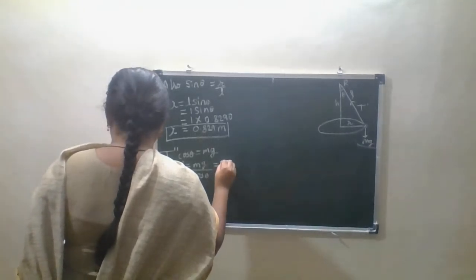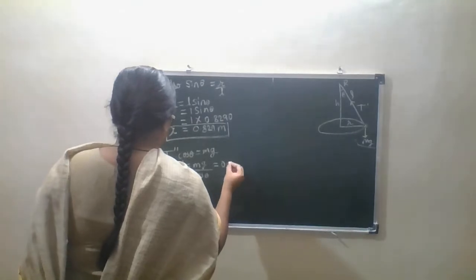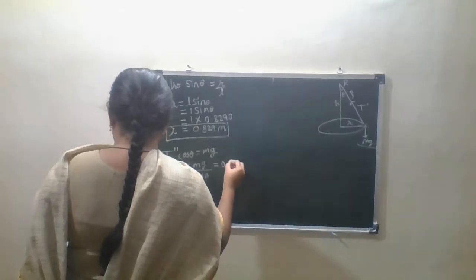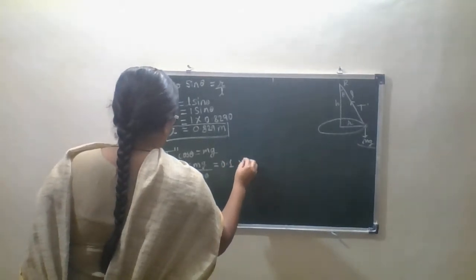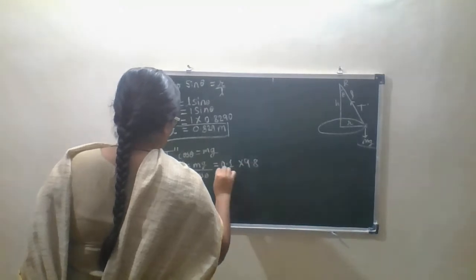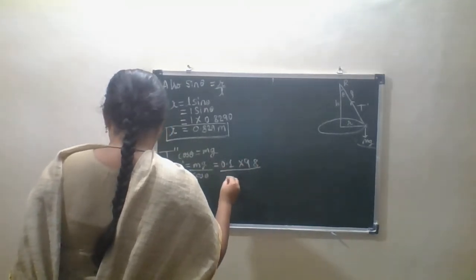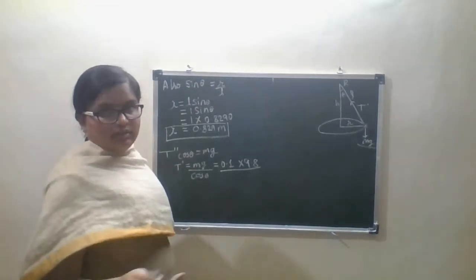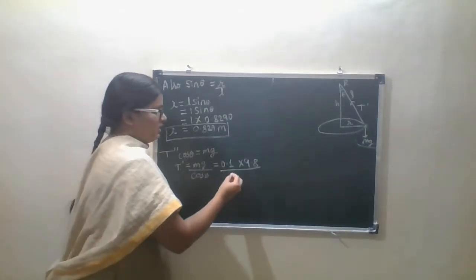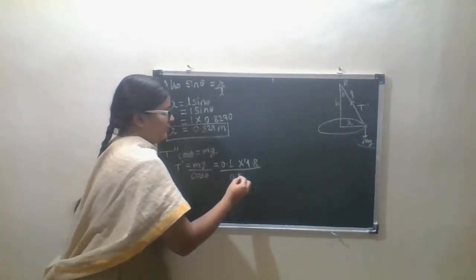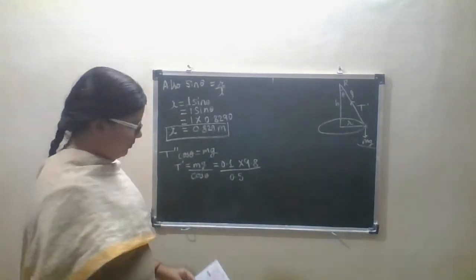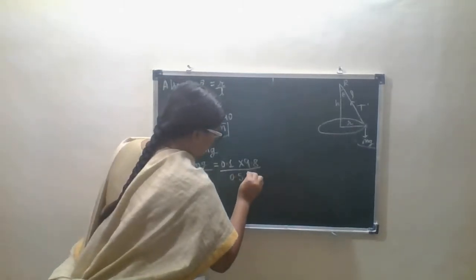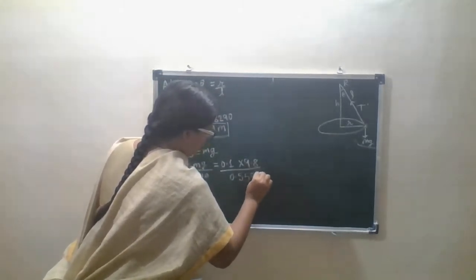Mass is given as 100 gram. We convert it into 0.1, then it will be 0.1 into 9.8, divided by cos of theta. What is cos of theta here? We found the cos of theta in the previous step: cos of theta is 0.5591.